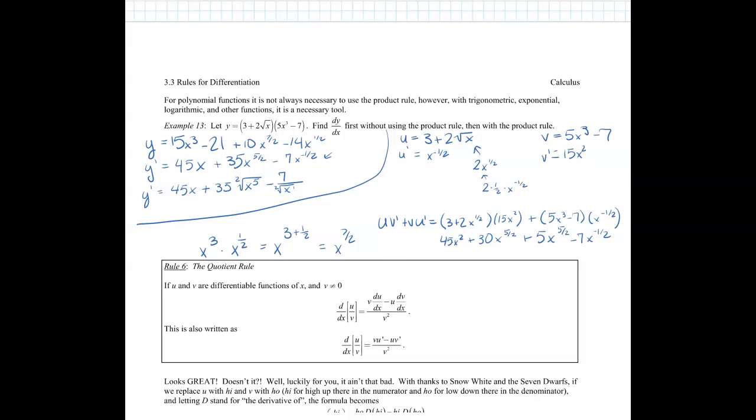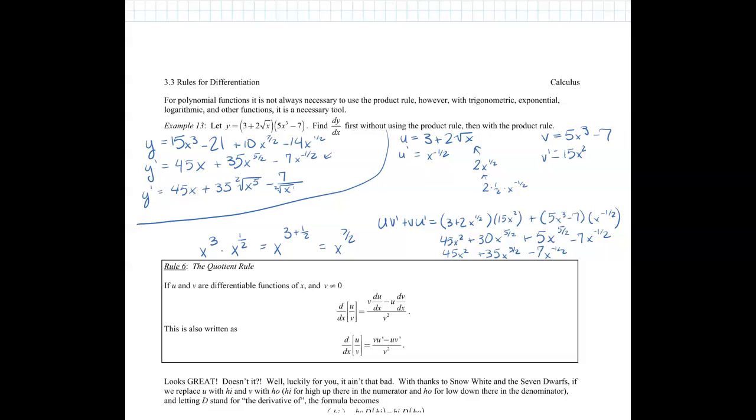Yeah, and then I can combine my like terms. Just checking over those exponents. I've got 45x squared plus 35x to the positive 5 halves minus 7 over, I guess I'm not going to change that to being over yet because I haven't changed any of the other exponents, x to the negative 1/2.